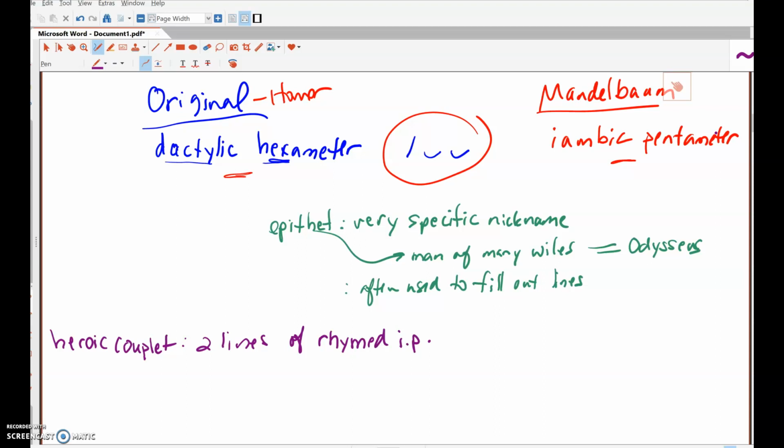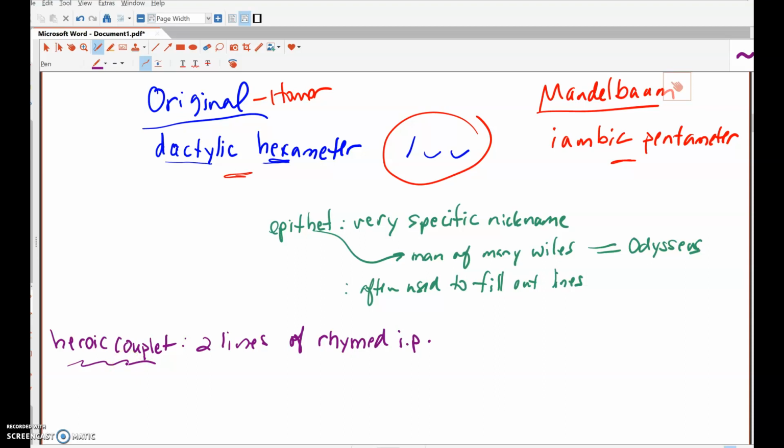The audience would have been very good at listening to things and gleaning information just by listening. Some people nowadays are better at reading things, but Homer's audience would have been astute listeners, and so they most certainly would have heard those lines of rhymed iambic pentameter, those heroic couplets. So Homer would use the heroic couplet in order to emphasize something.